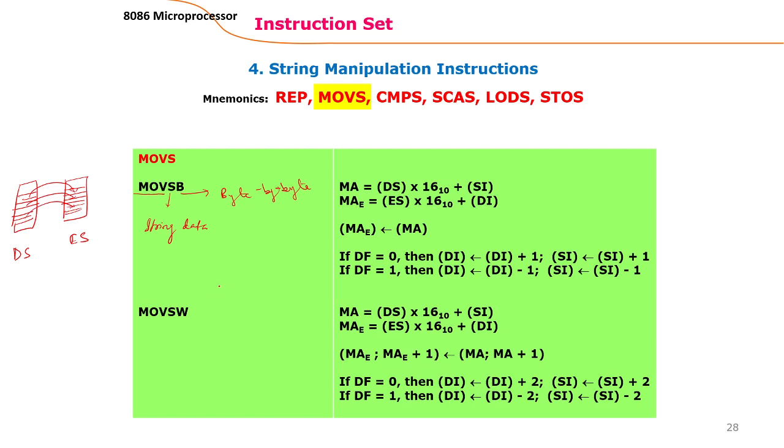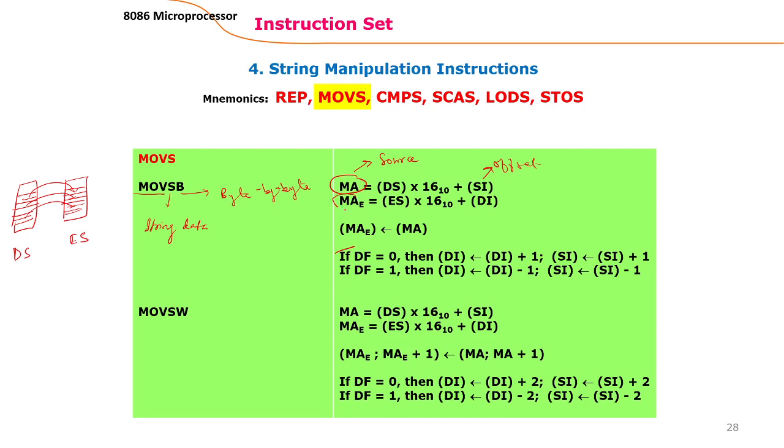So this is moved by MOVSB, and the addresses will be given like so. The memory address for the source data will be given as data segment multiplied by 16 decimal plus SI, that is the offset address in case of source data.